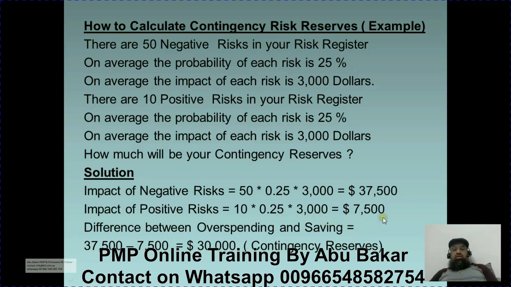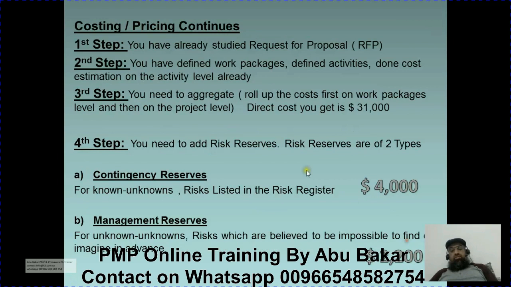So it looks like this project will have a saving of 7,500. The difference between overspending and saving is $30,000. So in this example, we will have $30,000 as contingency reserves. This is just an example here. So what we will do, we will add a contingency reserve here. As an example only, I have assumed $4,000. There is no calculation behind it.